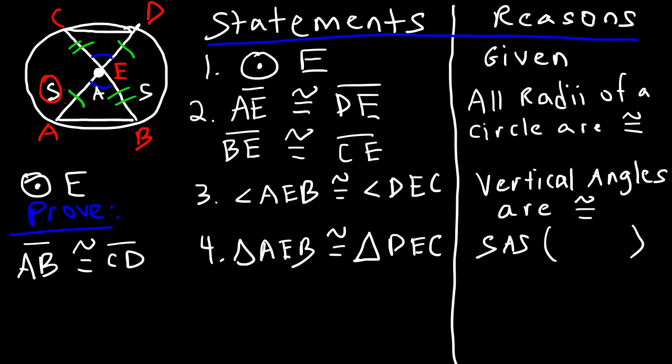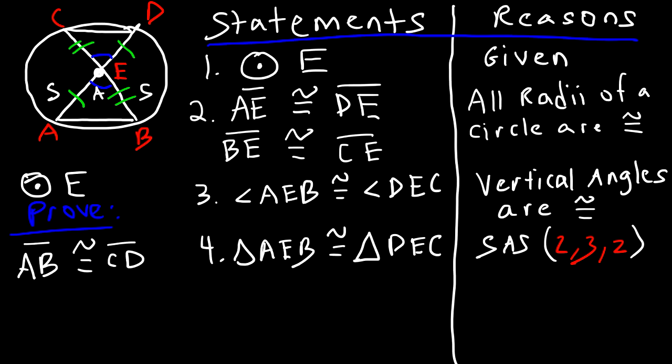For this side, we use statement 2, which states that AE is congruent to DE. So we've got to go in order. Next, we have the angle. So we use statement 3 to prove that the vertical angles are congruent. And then this side is based on statement 2, where BE is congruent to CE. So it's going to be 2, 3, and then 2.